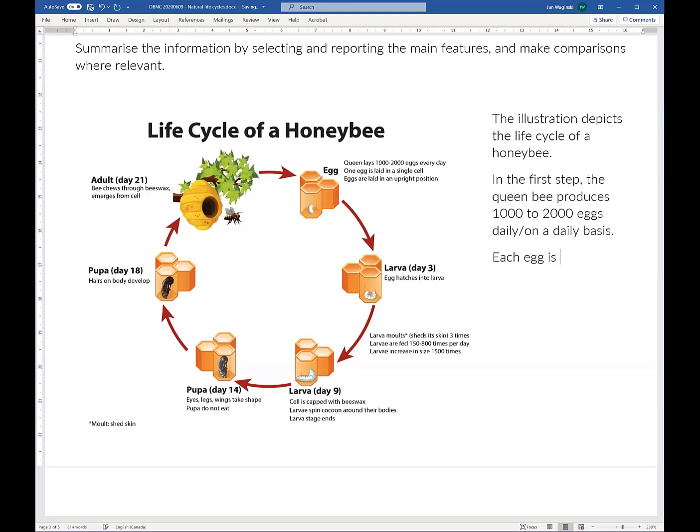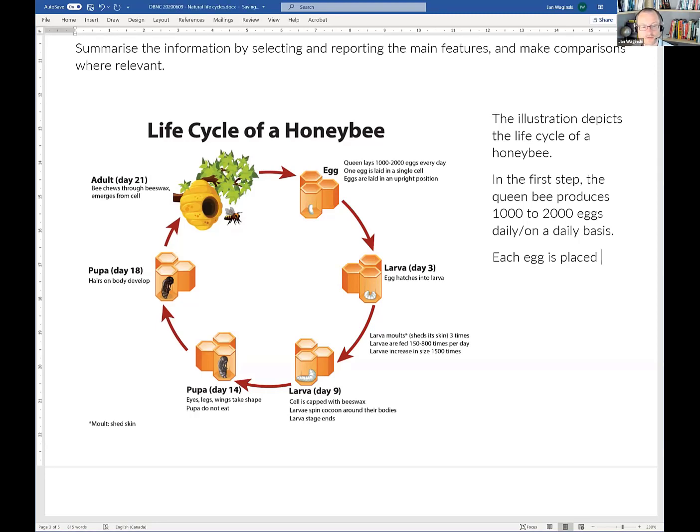What would be a synonym for laid in this case? Thrown in a single cell. Well, she doesn't throw them. That's not too gentle, right? Placed. Placed is gentle. Each egg is placed in a single cell.